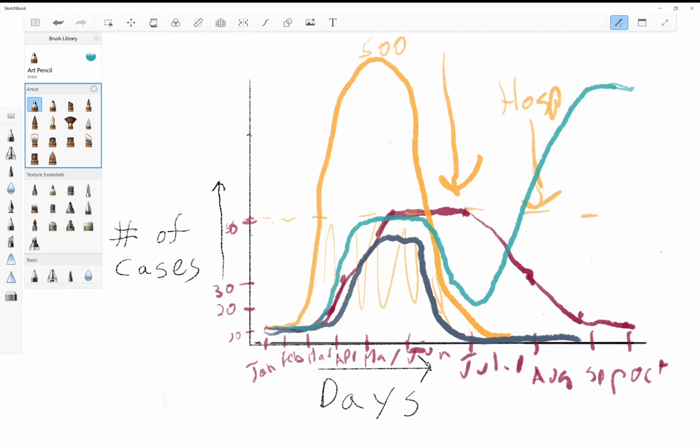But without testing, we got to assume that everyone's infected, and we got to continue this until we start seeing the numbers in the hospitals go down to the point where there doesn't seem to be any more spread in the community because nobody's coming in. This is what we call a lagging indicator, lagging meaning after the fact.